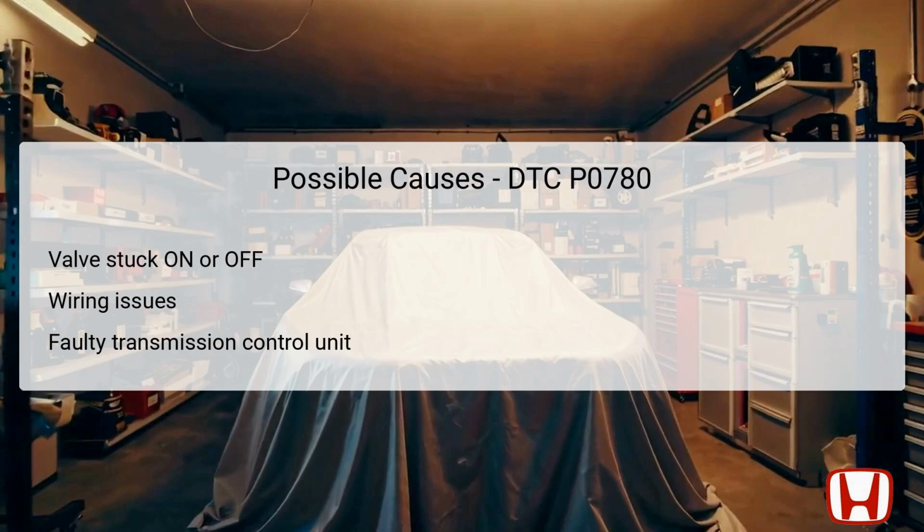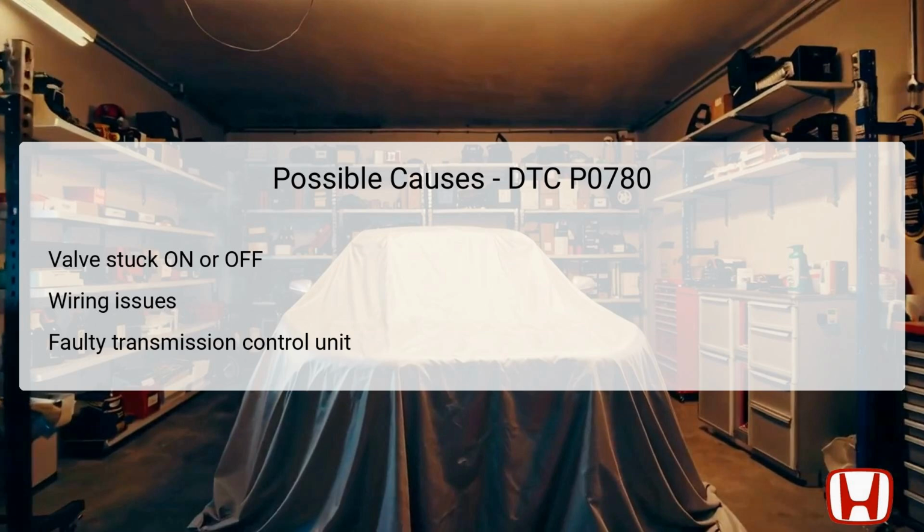There are several possible causes for the DTC P0780. One significant issue is the failure of the CVT drive pulley pressure control valve, which might be stuck either in the on or off position. This can severely limit the functionality of the transmission system. Additionally, wiring issues can lead to communication failures between components, which can also trigger this DTC.